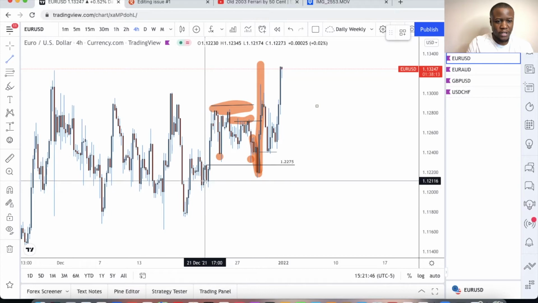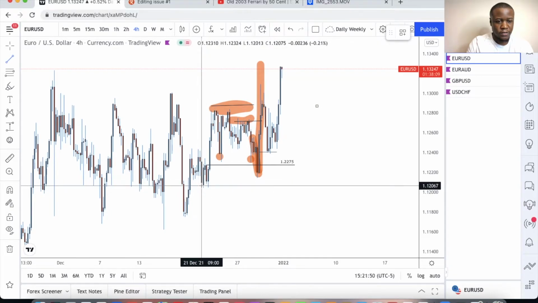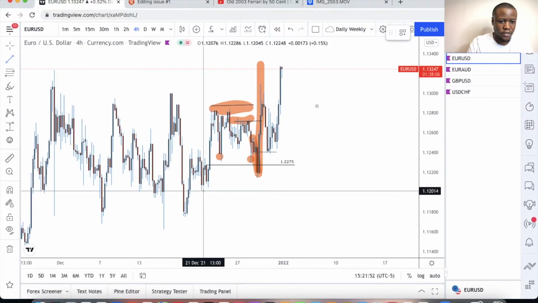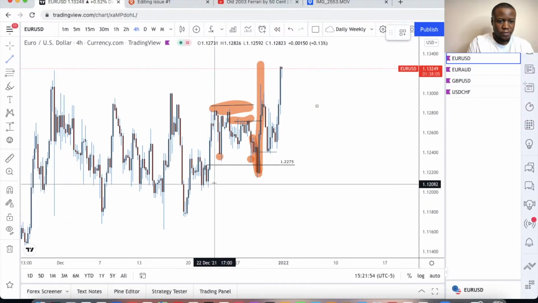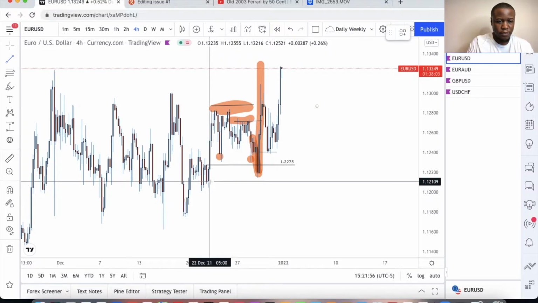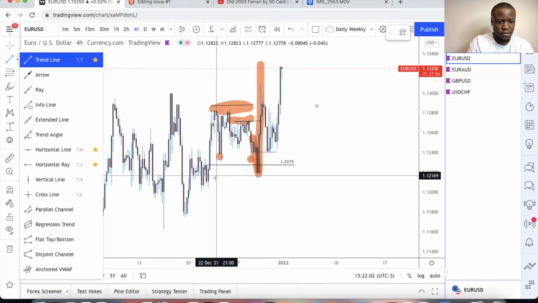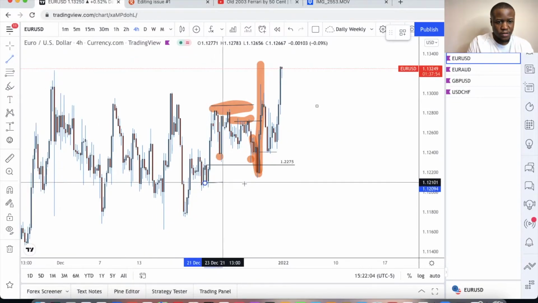And you want to put your stop. You can put your stop below this low or below this low, below the wick. For me, I'll definitely most likely put it just below this wick right here. So this is where your stop is going to be.